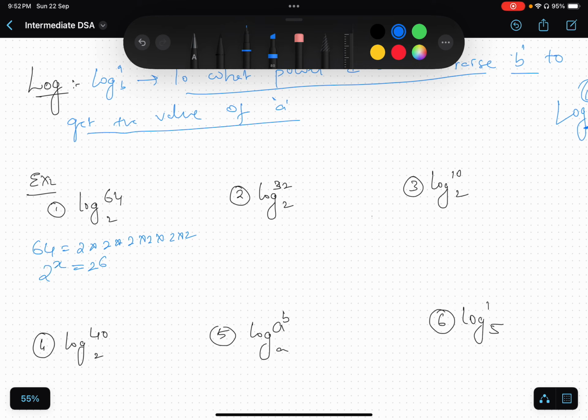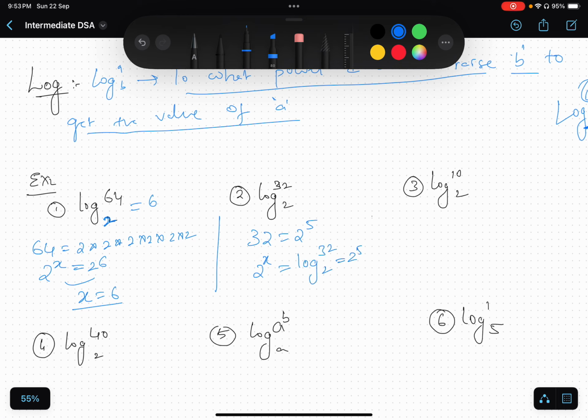So from this I can write x is equal to 6. That means log 64 base 2 is 6. Similarly, 32 can be written as 2 power 5, and I am looking for 2 to the power x, which is a representation of 32, that is 2 power 5. From this x is equal to 5.